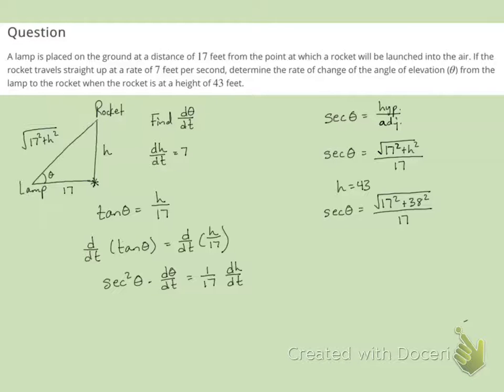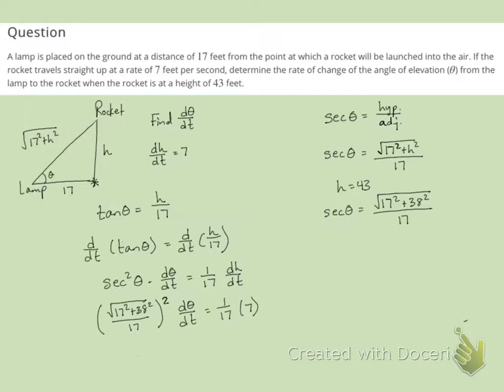So I'm going to leave this value here and come back to my equation so we can find the fraction as opposed to the decimal value for this. So when I go back over to the left side here, secant squared then is going to be what I just found, the square root of 17 squared plus 43 squared all over 17 squared times d theta dt equal to 1 over 17 times 7.